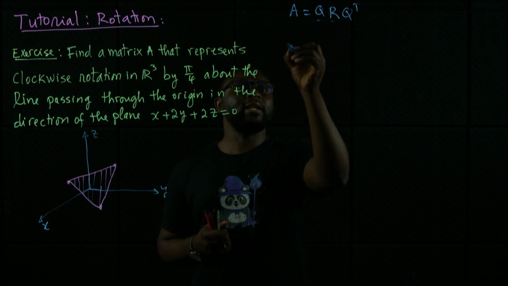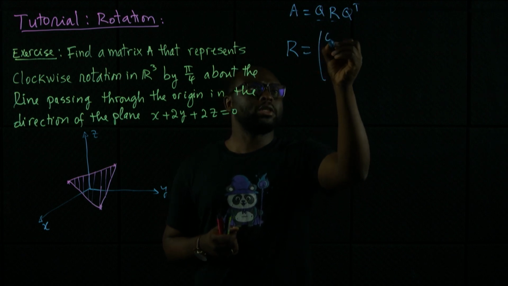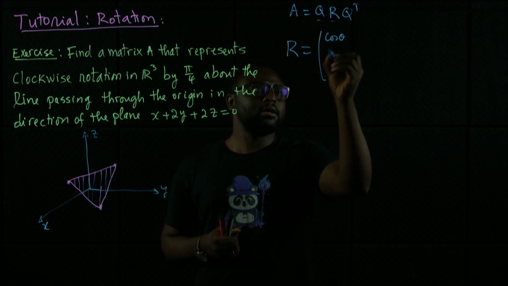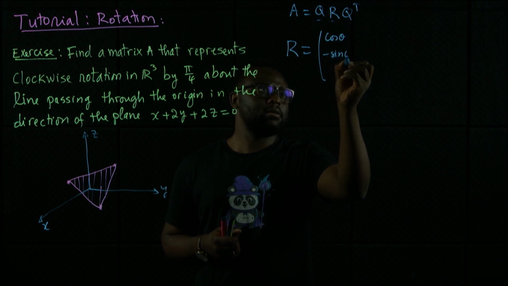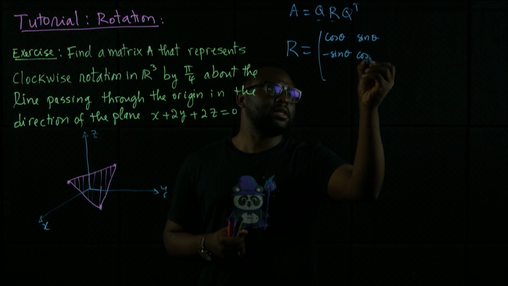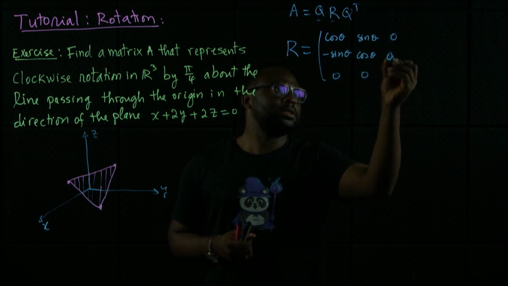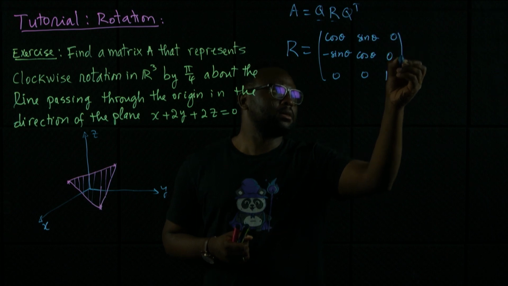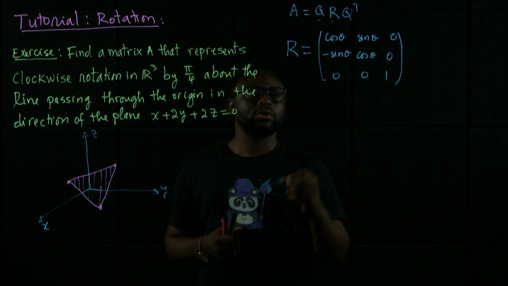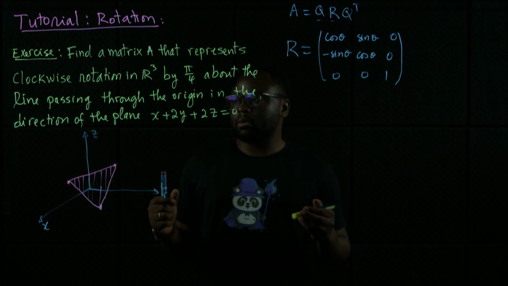We know that Q is an orthogonal matrix, and R is a rotation matrix. And also, by definition, the rotation matrix is cos theta, minus sine theta, 0; sine theta, cos theta, 0; and 0, 0, 1. We choose the rotation to be with respect to the z-axis.